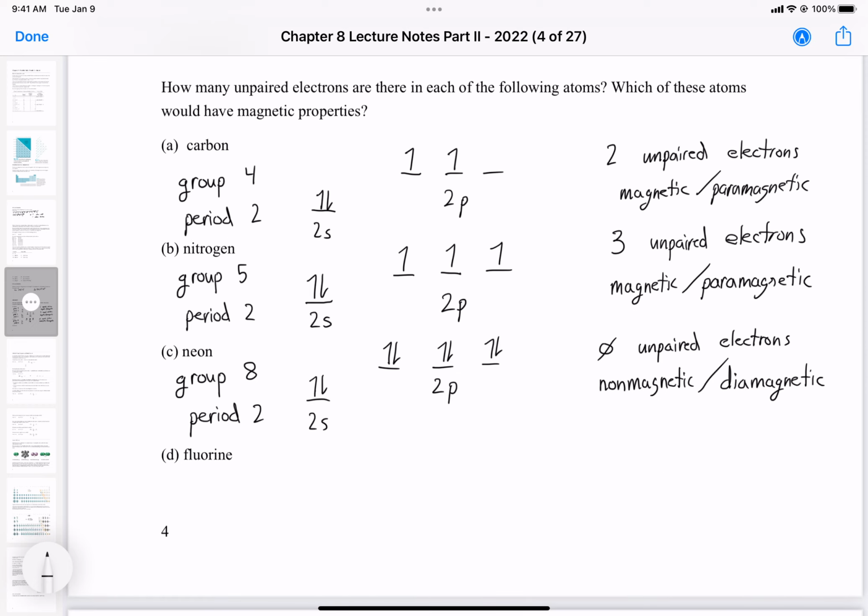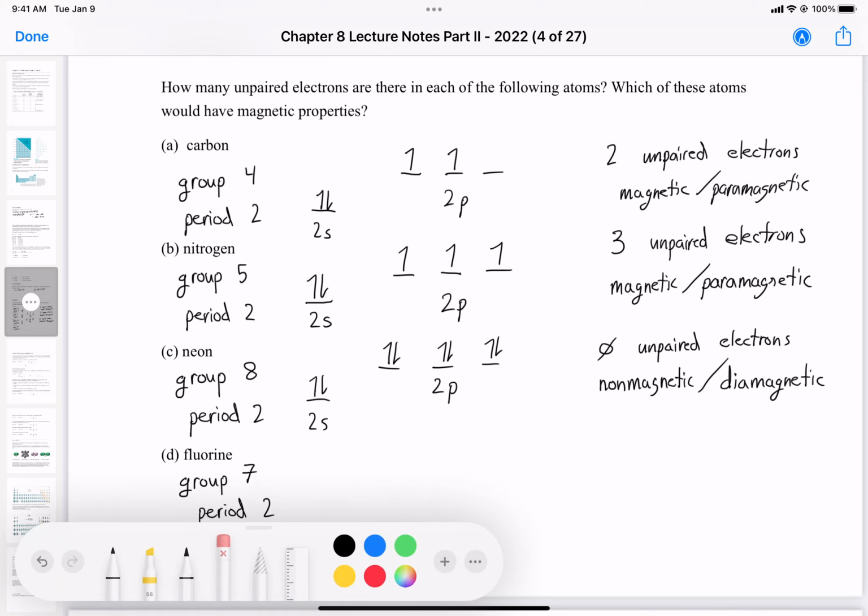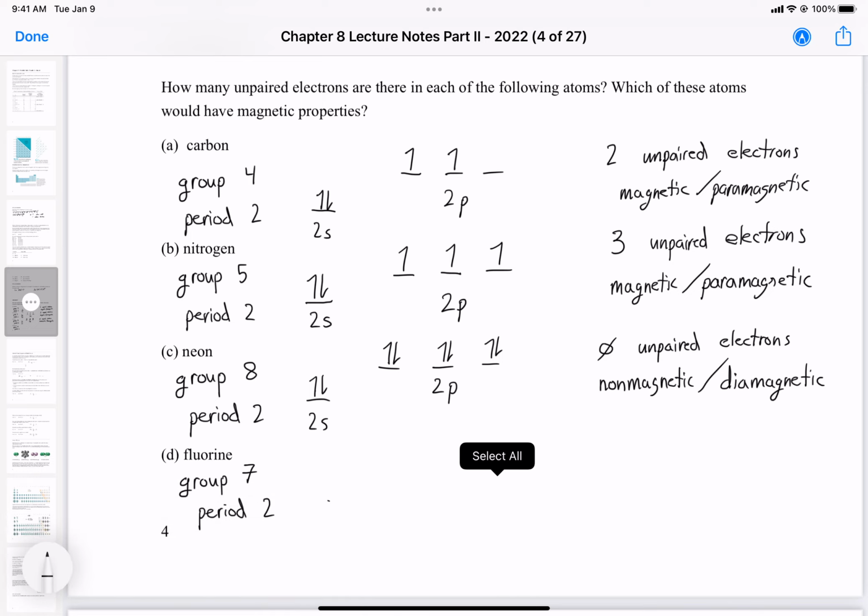And then lastly, we have fluorine here. Fluorine is in group 7, also period 2. In this case, fluorine will also have unpaired electrons, because it has 7 valence electrons, right?